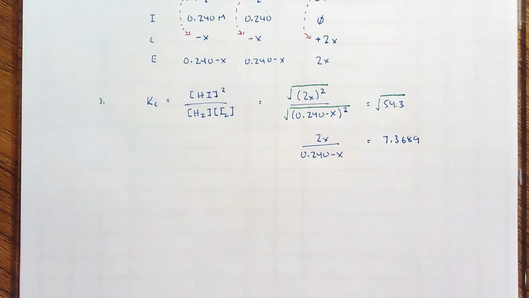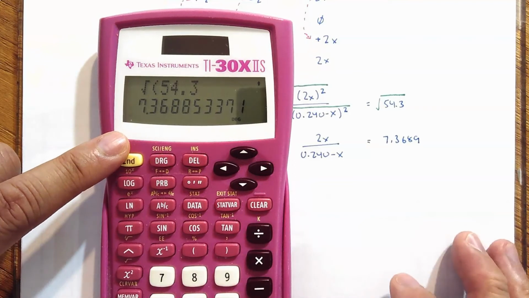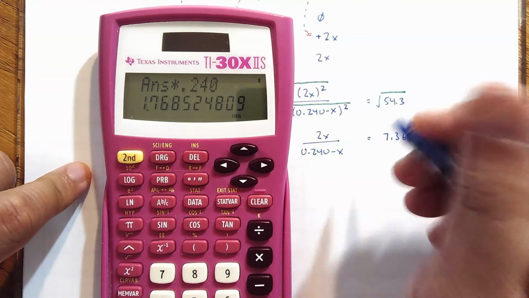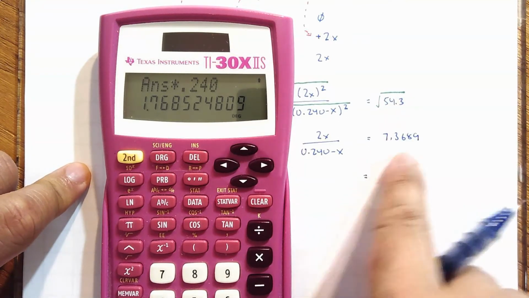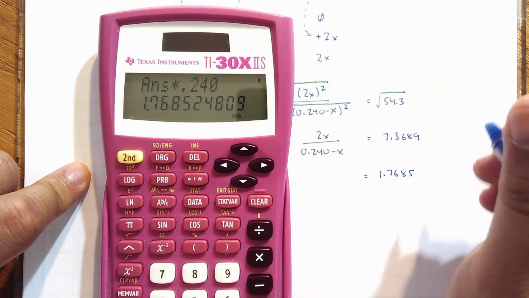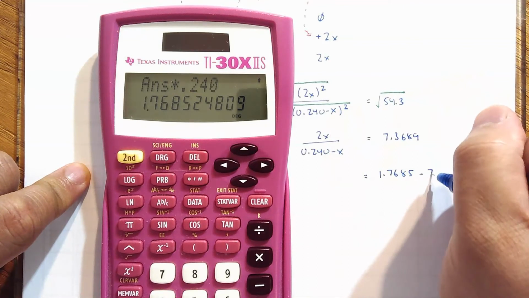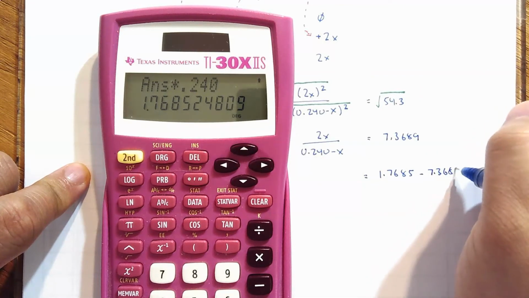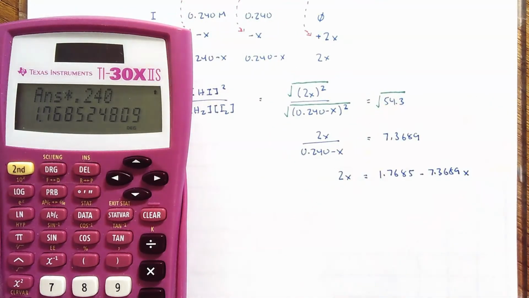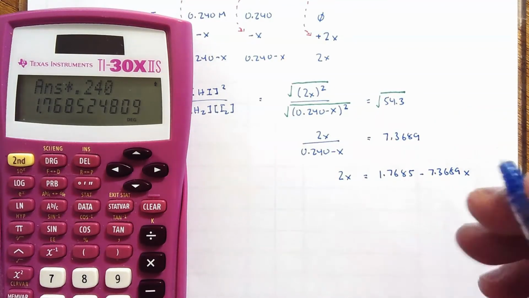Let us cross multiply: 7.3689 times 0.240 would be 1.7685, and then multiply by minus x, minus 7.3689x, equals 2x.